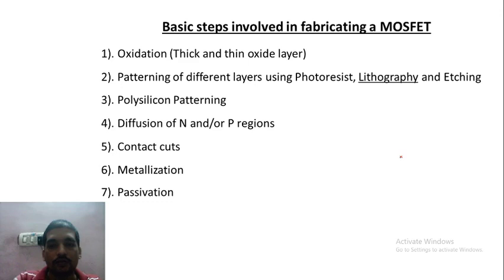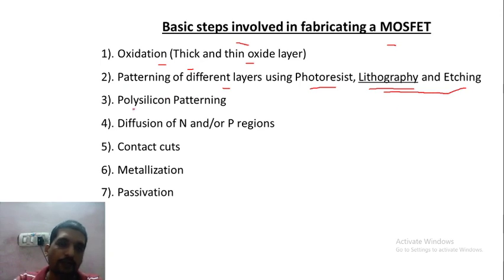Now let us talk about the basic steps involved in fabricating a MOSFET. The first step is oxidation. Then patterning of different layers is done by a process known as lithography, which involves photoresist development and etching also.